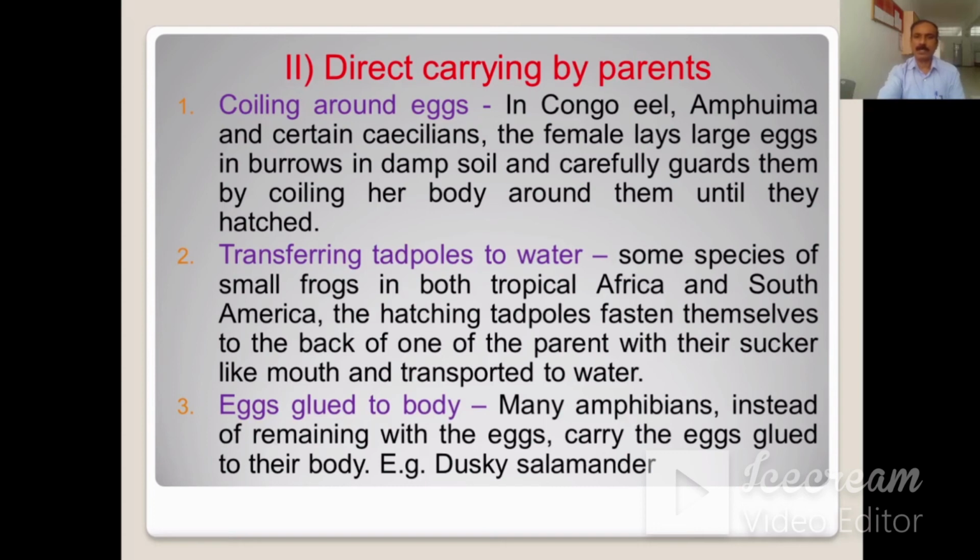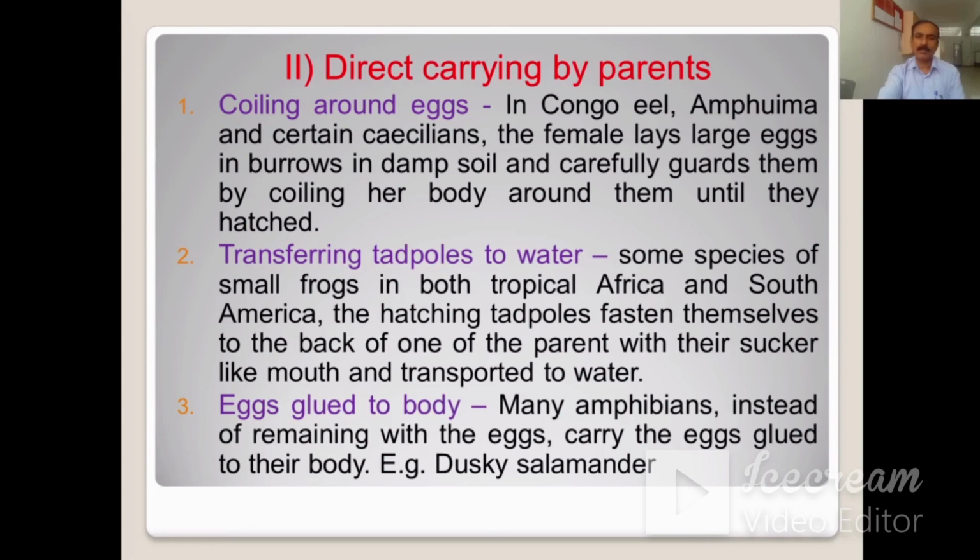Second is transferring tadpoles to water. In some species of small frogs in both tropical Africa and South America, the hatching tadpoles fasten themselves to the back of one of the parents with their sucker-like mouth and are transported to water.